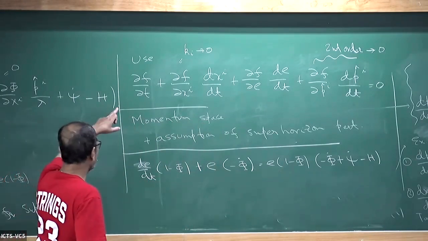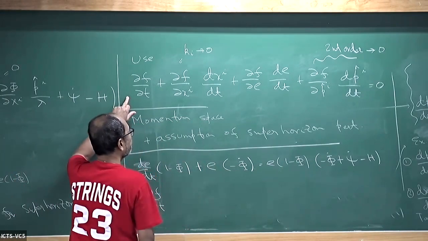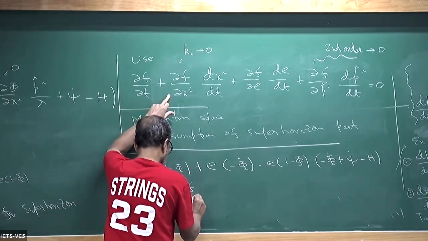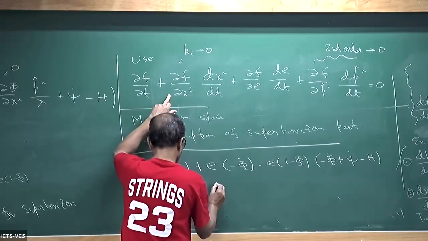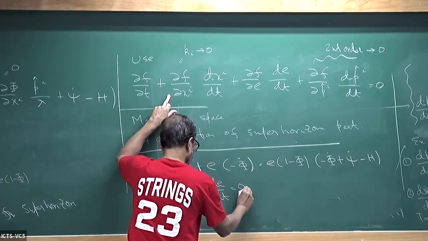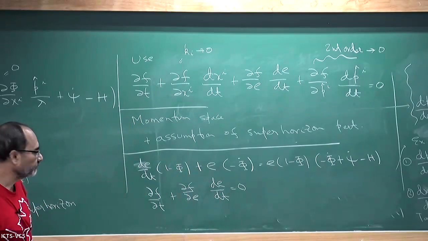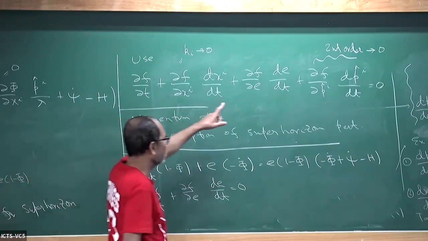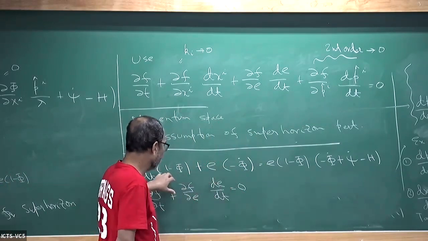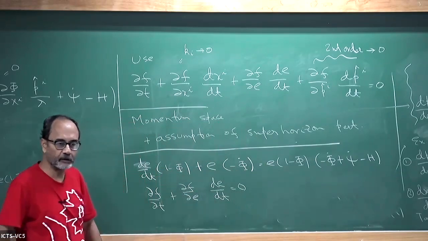And this equation now tells us that this is 0, because these terms have been set equal to 0. Now the idea is that you take d/dt from this equation and substitute it to get an equation just for f.